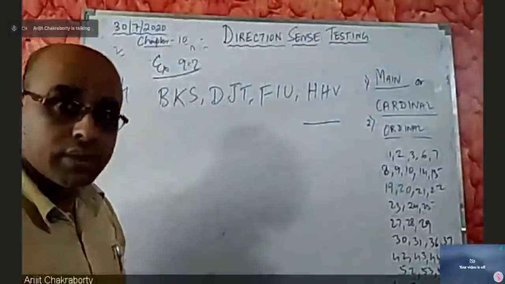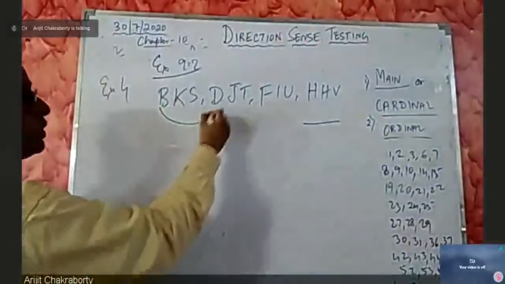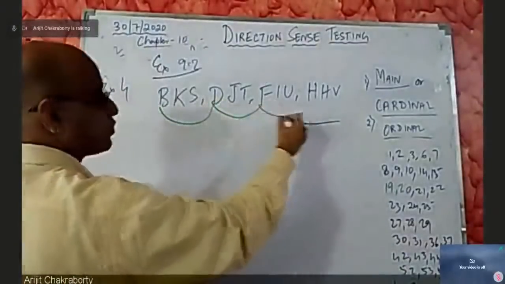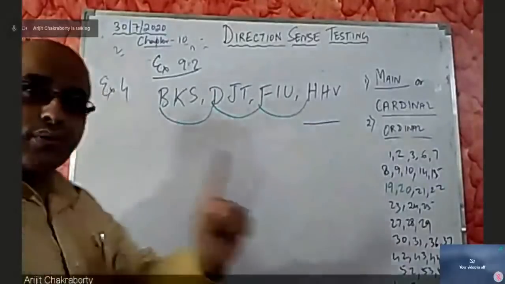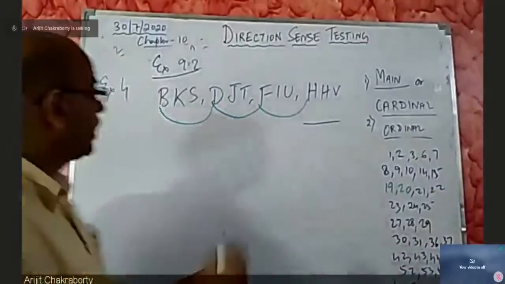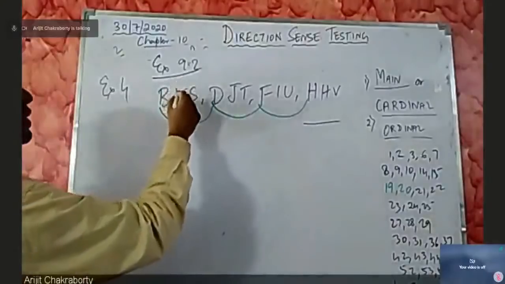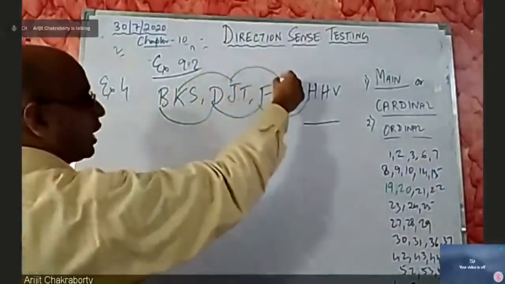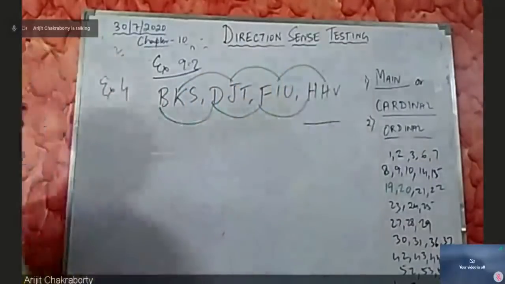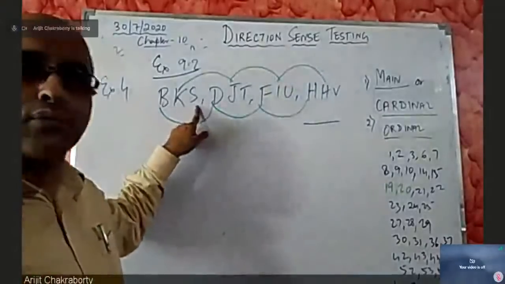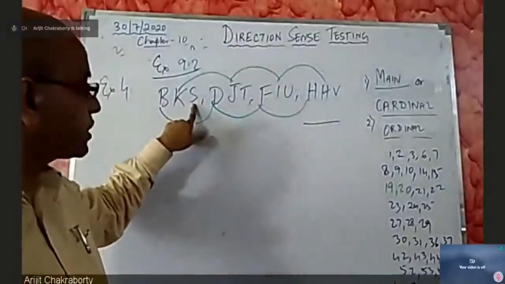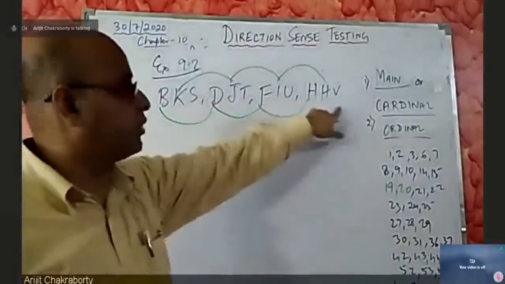So try to find the association between B to D, D to F, F to H. That is the first letter. Then try the link between K and J, J and I and H. In this way, try to find the logic between S, T, U and V.